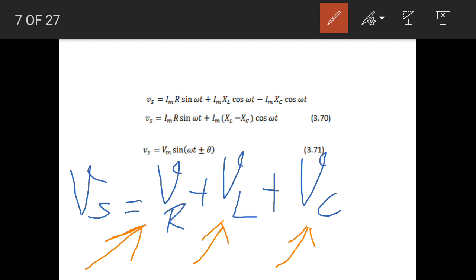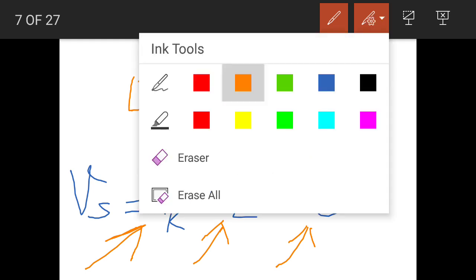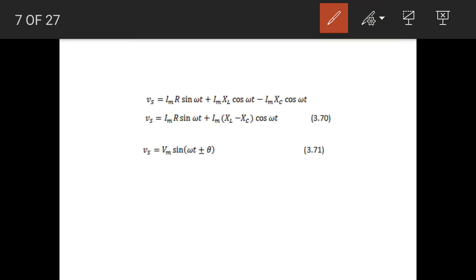And if we put the values of these three voltages on the right hand side of this equation, we get the voltage across the source. So the voltage across the source is equal to IMR sin omega t plus IMXL cos omega t minus IMXC cos omega t. We can write down the same equation in this format as well.